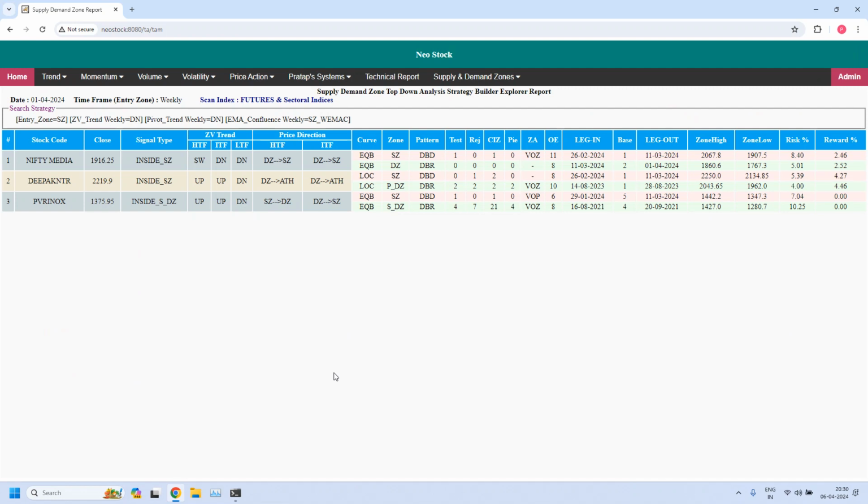One point you have to understand: the supply demand zone violation-based trend reacts quickly compared to the pivot high lows. What I mean to say, demand supply zone trend changes are a little bit quicker. But anyway, I gave you both the lists.